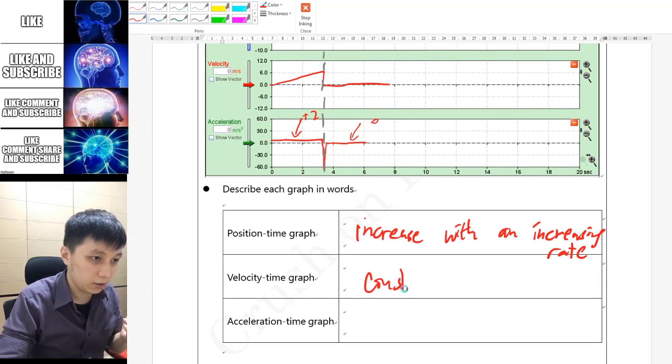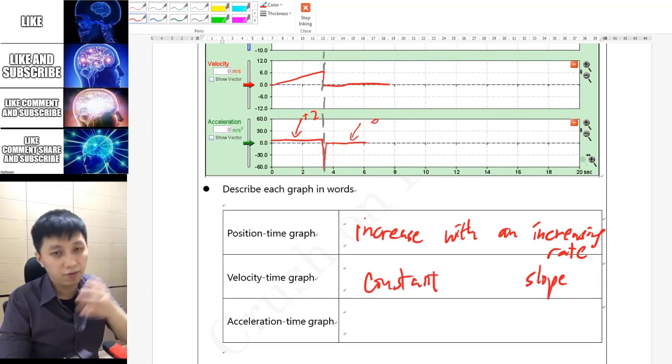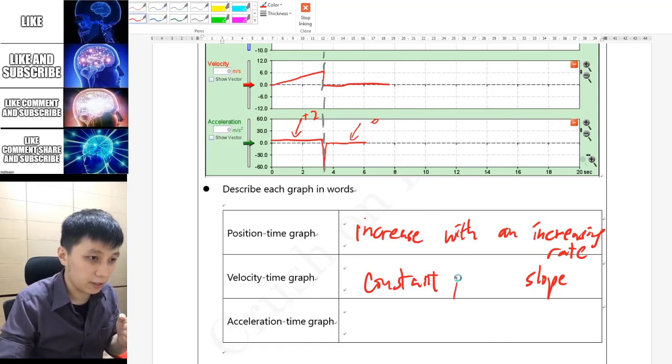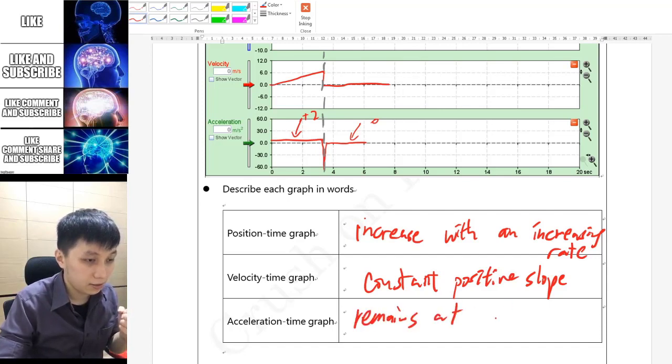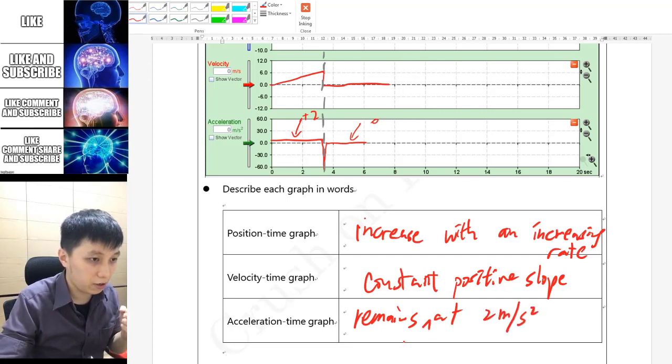But then we have to tell whether it's positive or negative, and this time obviously it is positive. And for the acceleration-time graph, you can say it remains at 2 meters per second squared, remains constant, I should say.